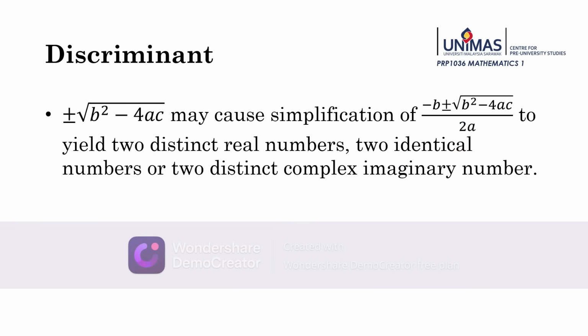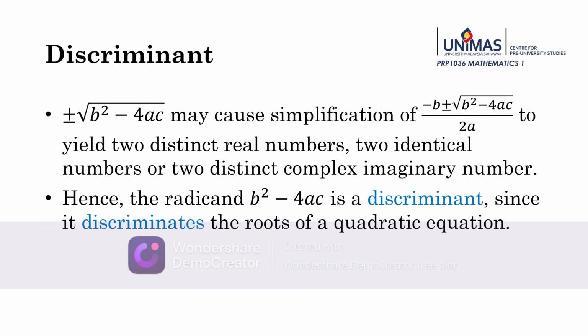Okay. So b squared minus 4ac may cause the simplification of minus b plus or minus the square root of b squared minus 4ac over 2a to give two distinct real roots, two identical numbers, or two complex numbers. Therefore, b squared minus 4ac is the discriminant, since it determines the root of the quadratic equation.